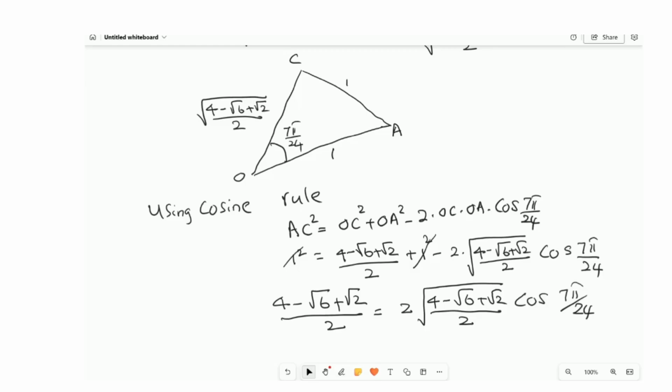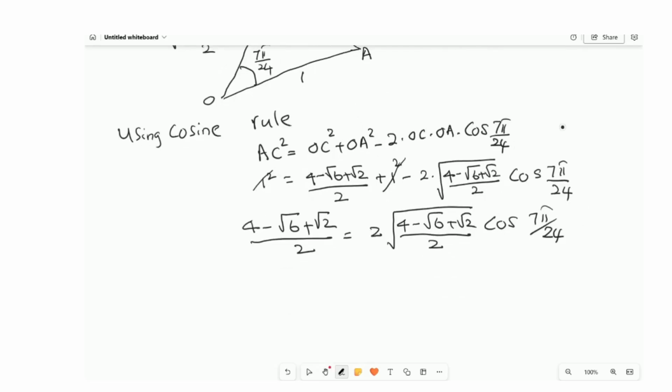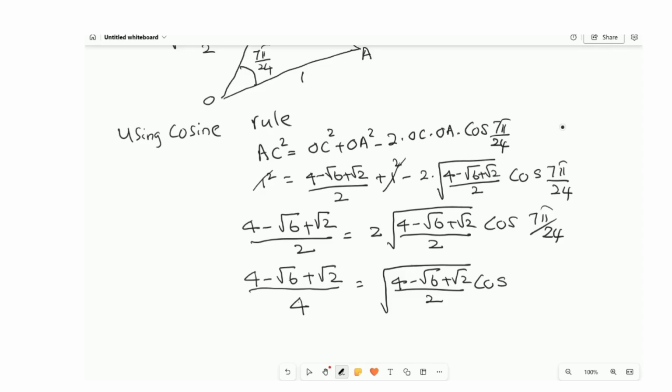Now I can divide by 2, that is 4 minus square root of 6 plus square root of 2 divided by 2, that is 4, is equal to square root of 4 minus square root of 6 plus square root of 2 divided by 2 times cos 7 pi divided by 24.